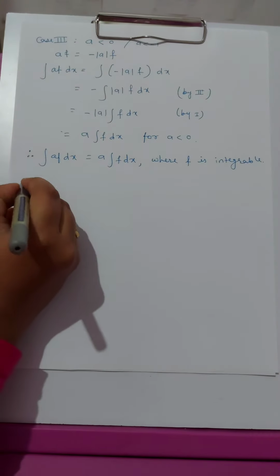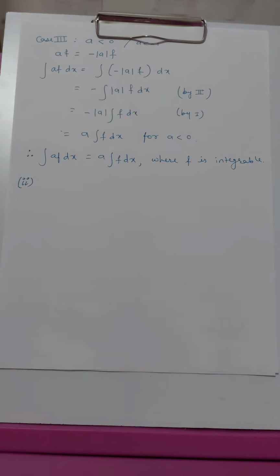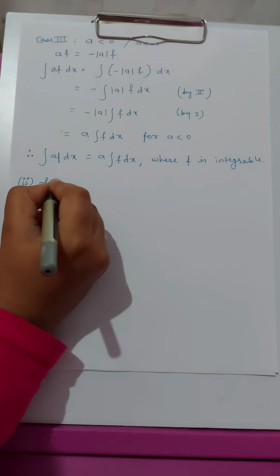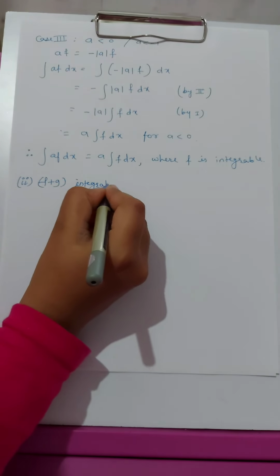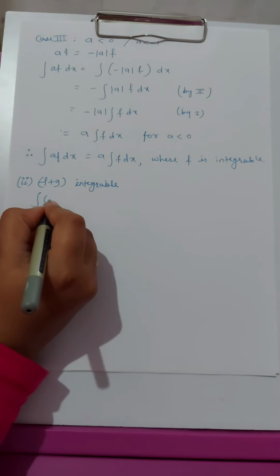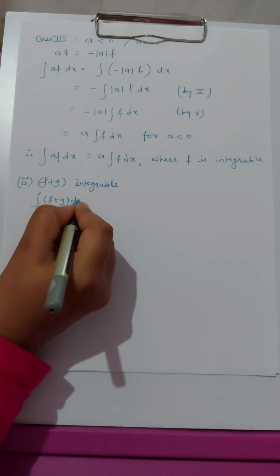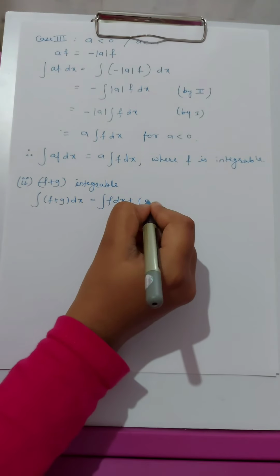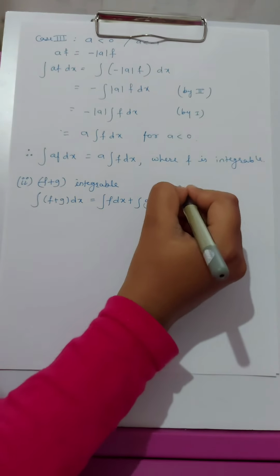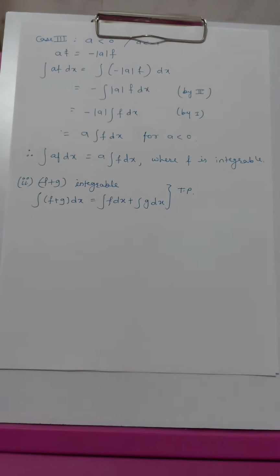Now the second condition. In the second condition, we have to prove that f plus g is integrable, and the integration of f plus g dx is equal to the integration of f dx plus the integration of g dx. This is to be proved, given that f and g are integrable.